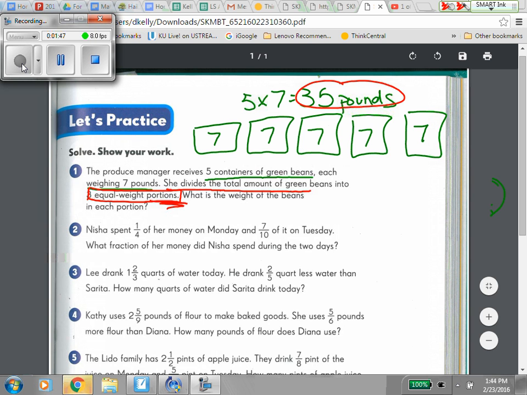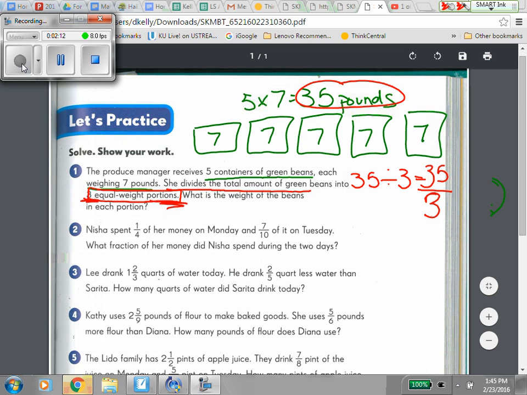So I've got 35 pounds of green beans that I'm going to divide into 3 equal weight portions. So I have 35 divided by 3. Looks just like this. 35 divided by 3, or 35 thirds. So I need to divide that to figure out how many equal portions.